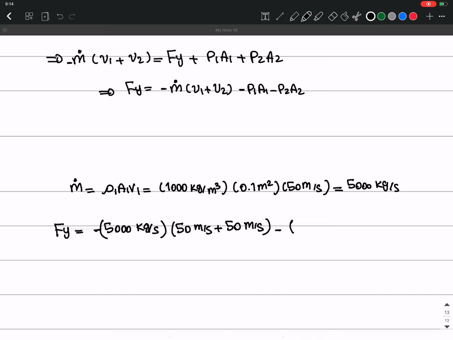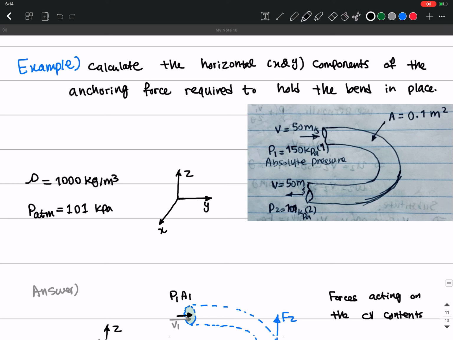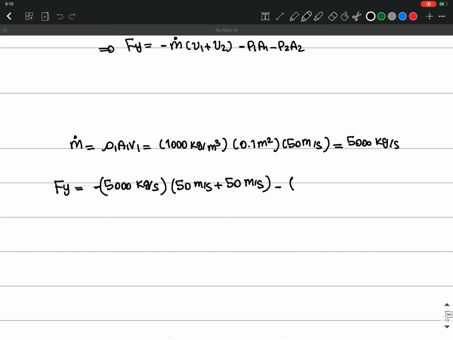We want to see what additional forces act on, for example, this bend. But here we have the absolute pressure. So to calculate the gauge pressure, which is the additional pressure, we have to subtract the atmospheric pressure, which is 101 kilopascal. The same thing applies here: the absolute pressure is 101 kilopascal, so we subtract the atmospheric pressure, and as you see here, it's just 0. So I'm going to do that now.